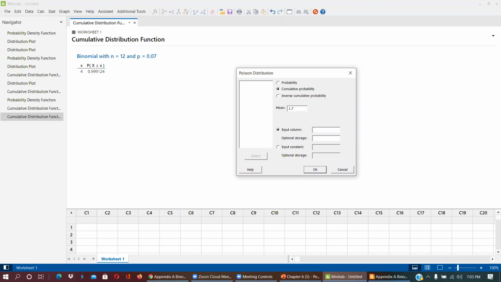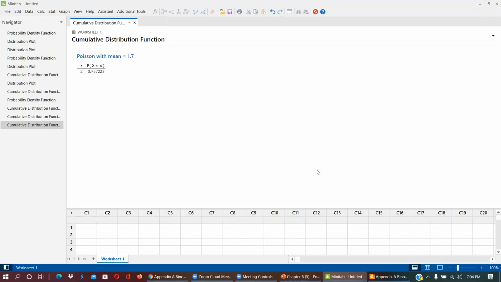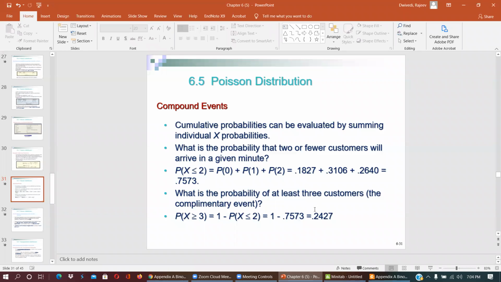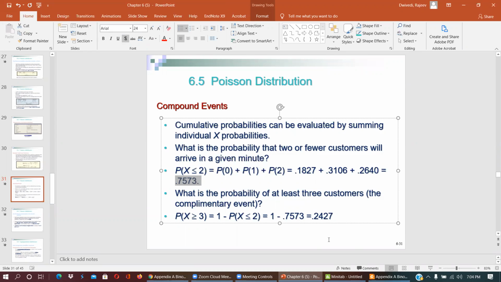Mean is 1.7. Input constant 2 or fewer, so it is asking up to 2, and we can get the probability, 75%. And here you can see, oh, this is 75%. What is the probability of at least 3 customers? At least 3 customers.